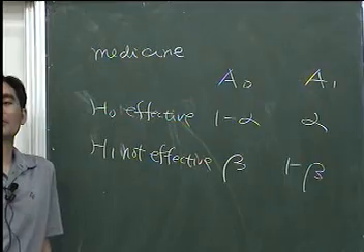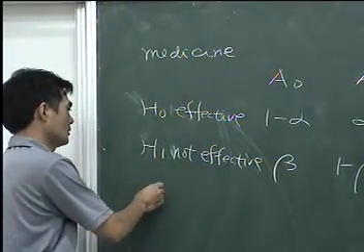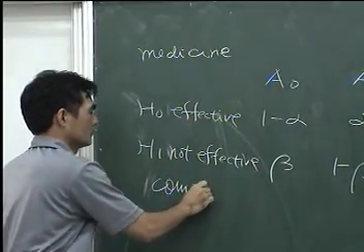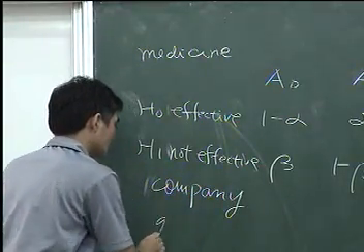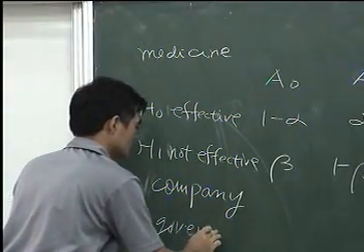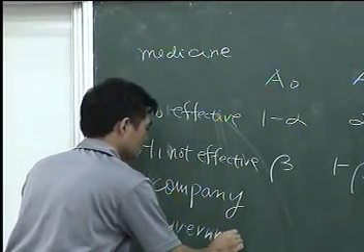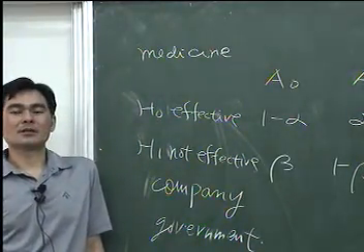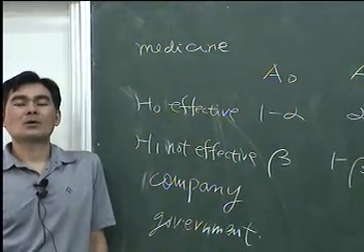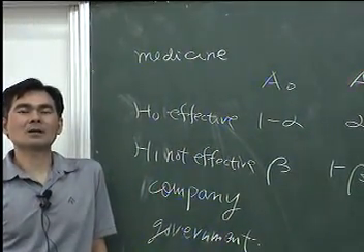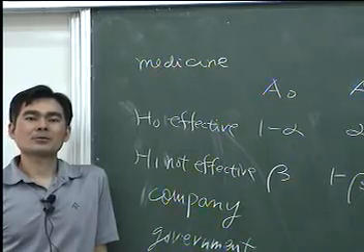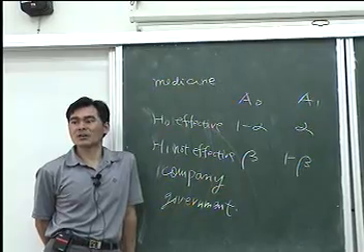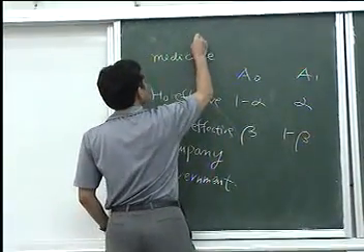So now we have two persons. Let us say you are the pharmaceuticals, so you are the company. And you are the government. What would you do in this case? When you do hypothesis test, after you set up the hypothesis, you have to determine the significant level.